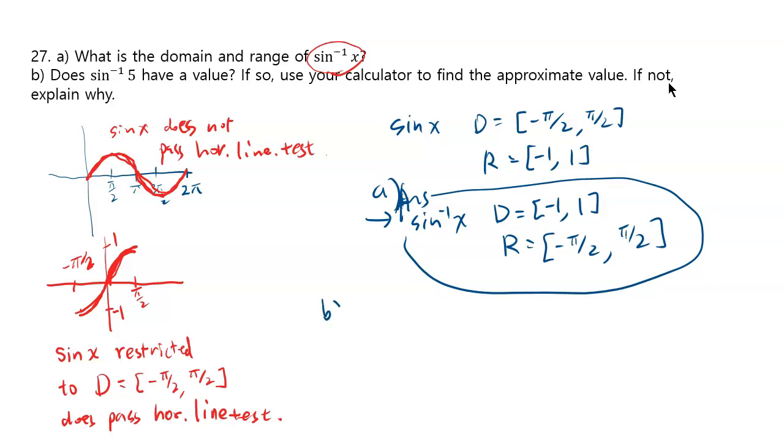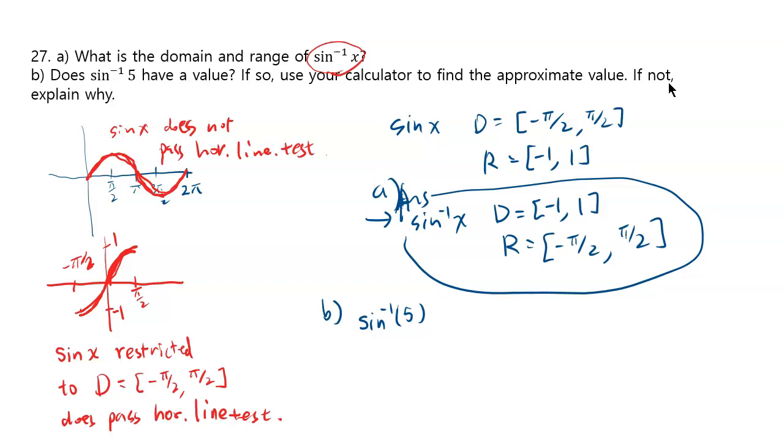Now, in part B, the question is sine inverse of 5. Does this have a value? Well, you can try to calculate this using your calculator, and you'll immediately see that your calculator refuses to give an answer. The reason is this 5 is outside the domain, right?